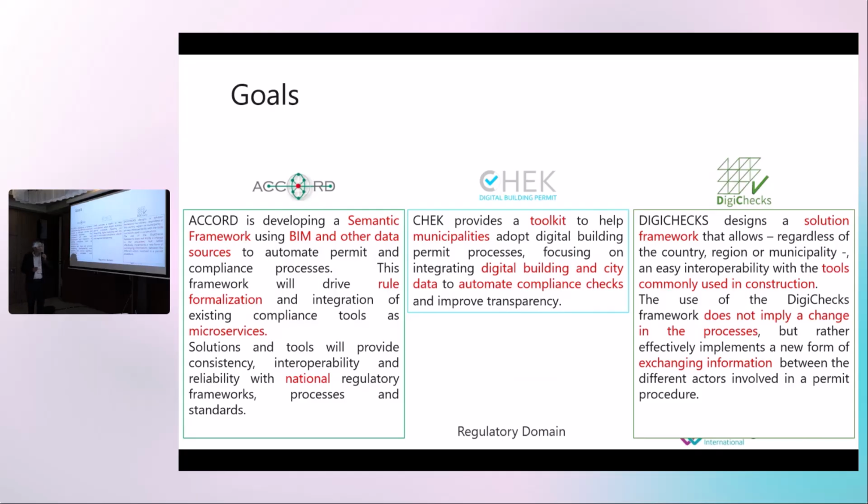It is a solution framework that works regardless of the level you are at in digital permitting, whether it is a national process or something related to municipalities, using the tools commonly used in construction, and creating a platform of platforms, as they say, to make them interoperate with appropriate tools and principles.